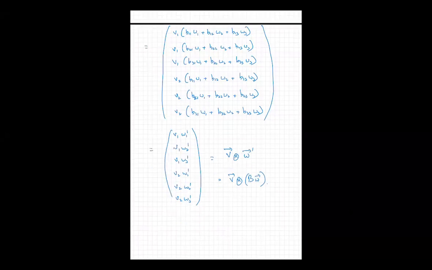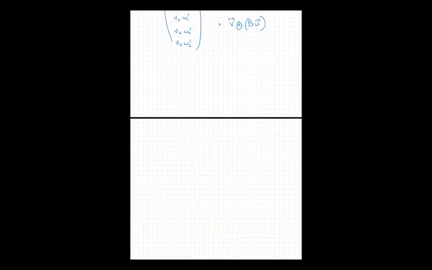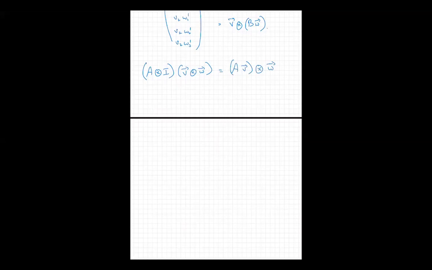Okay. So what have we discovered thus far? We have discovered that a direct product A cross I acting on V cross W gives me AV direct product with W. If I don't do anything in the second basis, I know the matrix in the six-dimensional space that will preserve the original mapping.